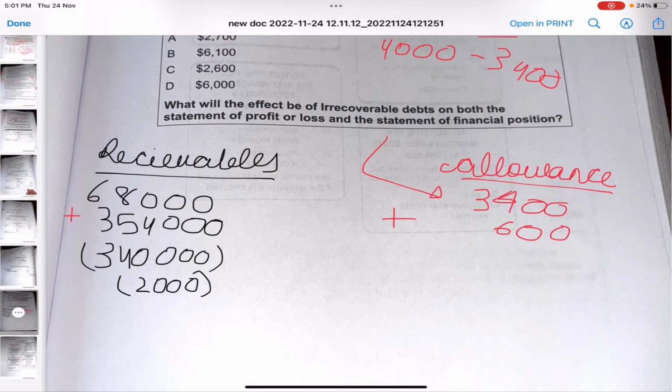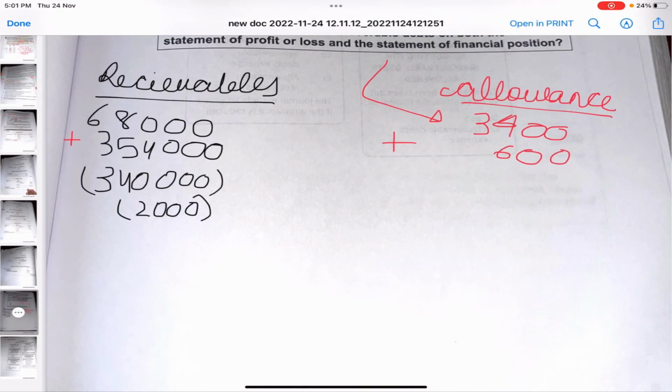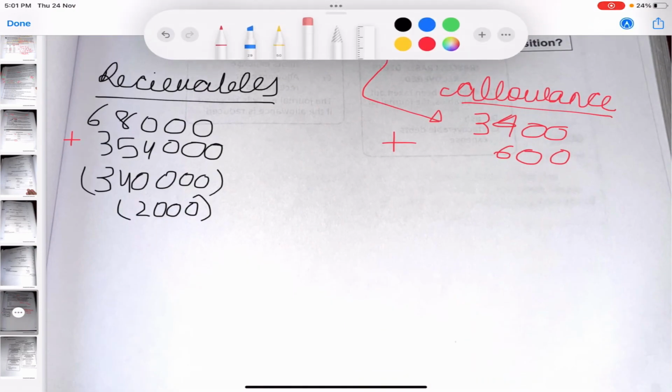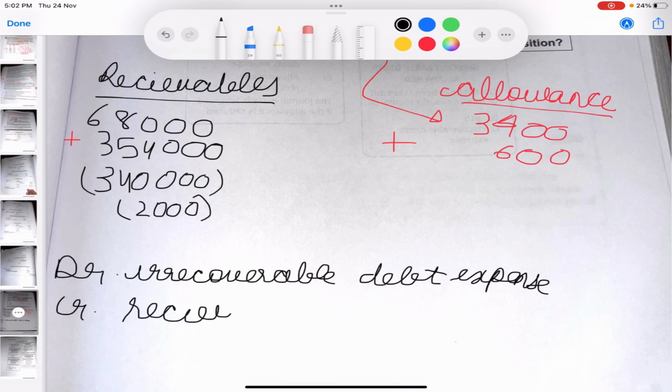Okay. Now let's discuss the journal entries of the same. Okay.